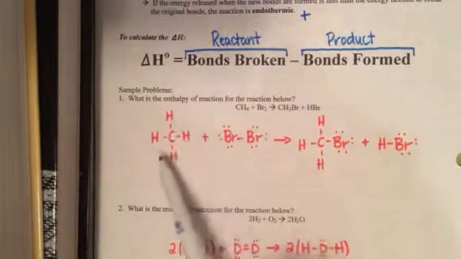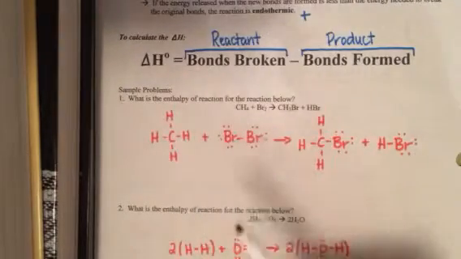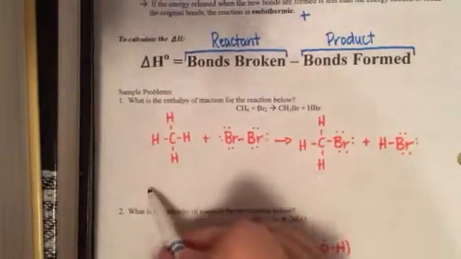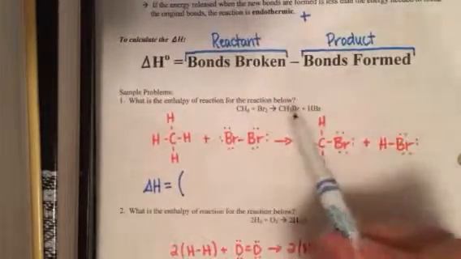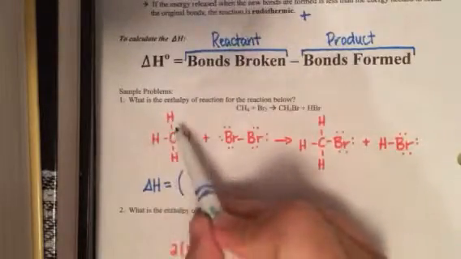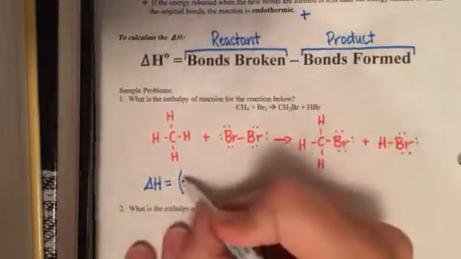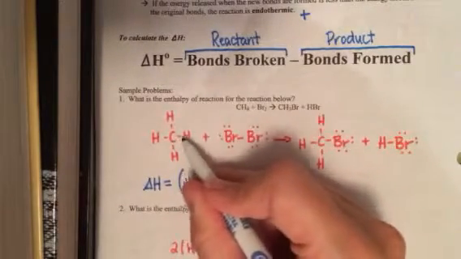So we'll start with this methane molecule. We're going to add up how much energy it takes to break up this entire methane molecule. So we're going to start by saying that delta H is equal to, now remember, we're starting with reactants minus products. So the reactants, again, the CH4s we're going to start with. We have 4, so I'm going to do 4 carbon-hydrogen single bonds to break.